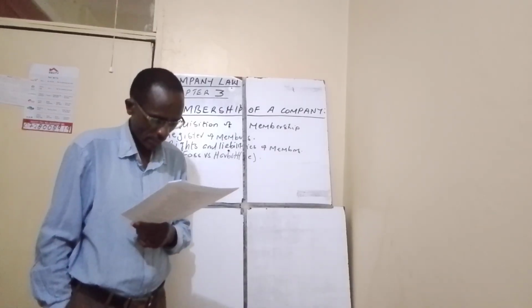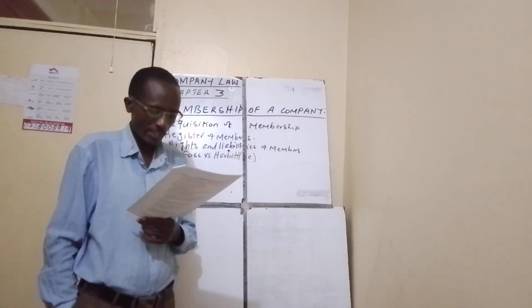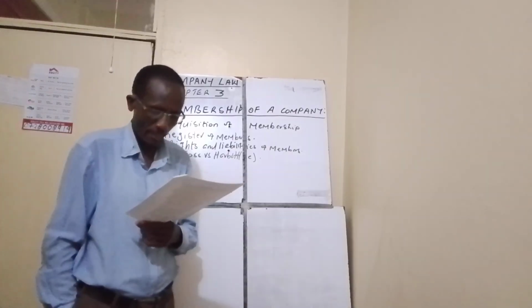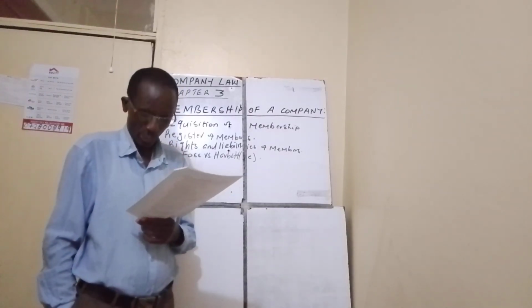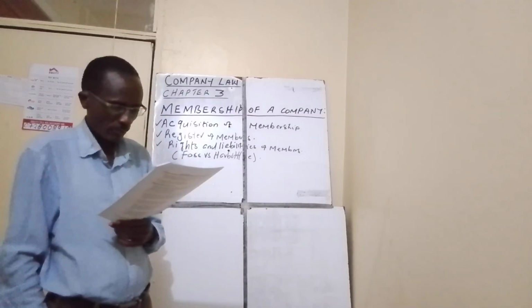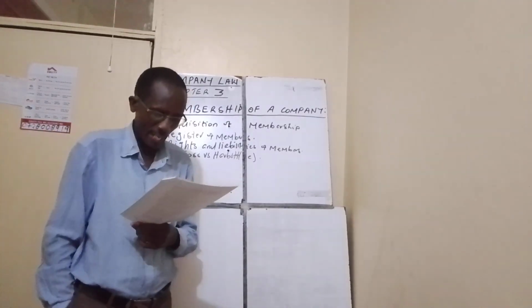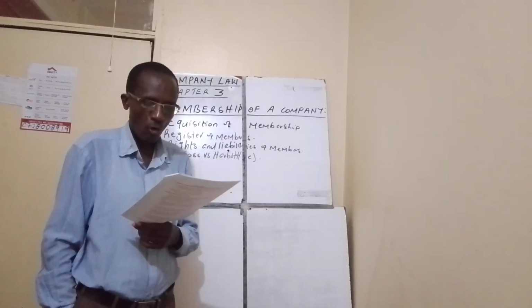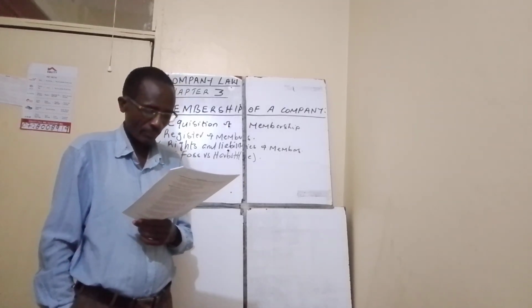Number three, it prevents multiplicity of actions filed on behalf of the company by other persons. And number four, it prevents petty actions on matters which can be resolved internally.